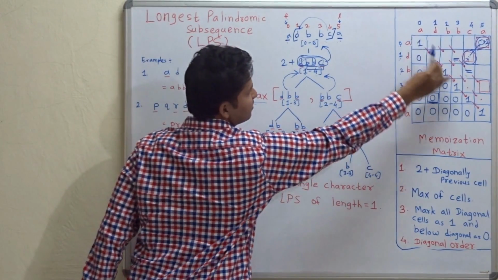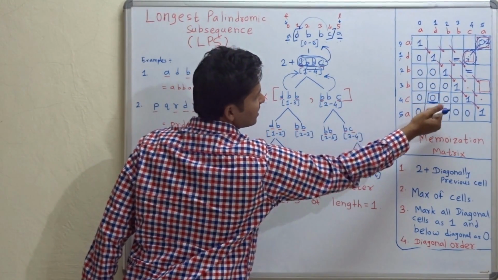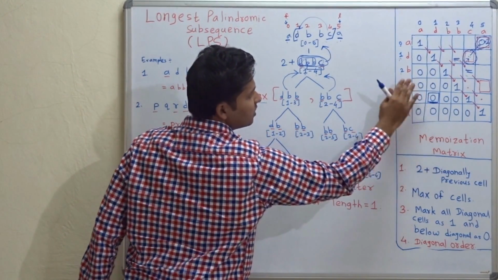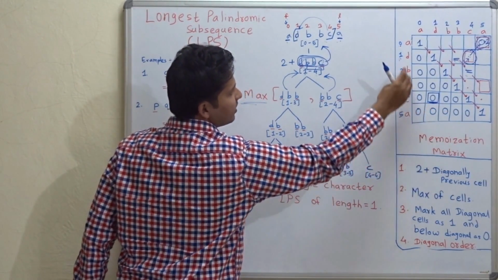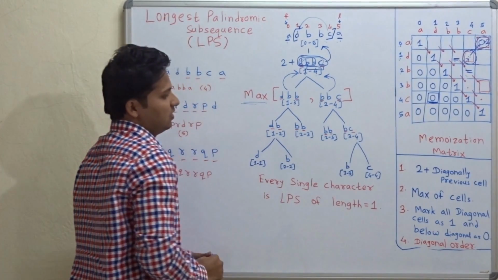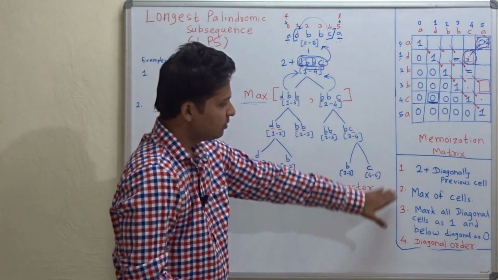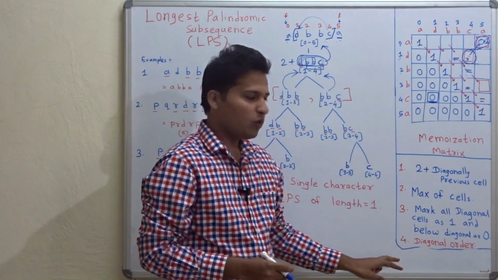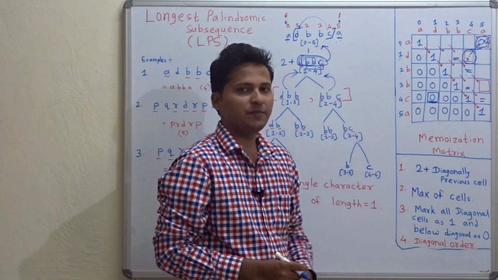So all the cells below this diagonal represent the string in reverse order. So we ignore these cells and we just populate 0 in those cells. So these are the 3 points, and the fourth point is the diagonal order.